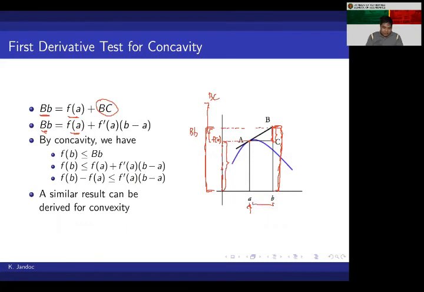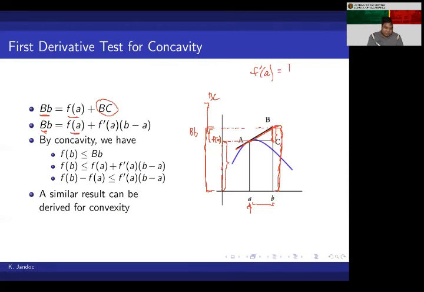Therefore, the slope of this tangent line, which is f prime A, the slope of the tangent line that just touches the graph at point A, is equal to the rise over the run.